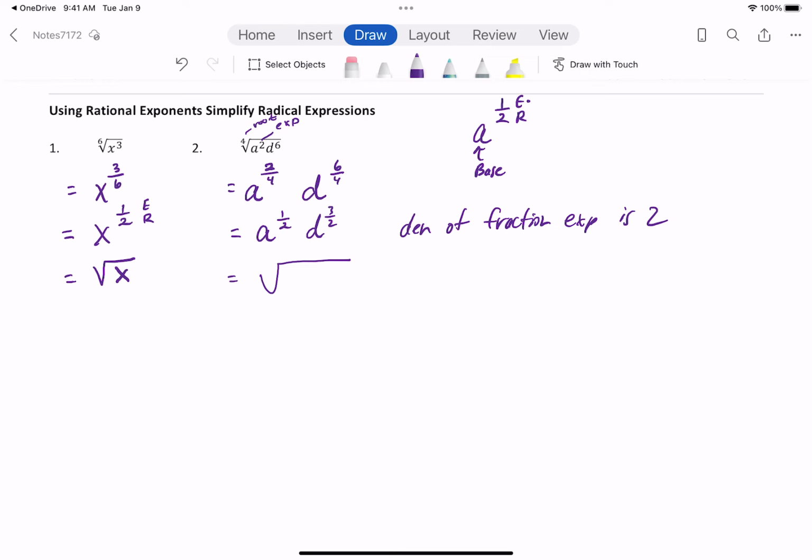And then the top numbers are the exponents that will go with the variable, right? So it's going to be a to the first, d to the third, which of course we can write as square root a d to the third.